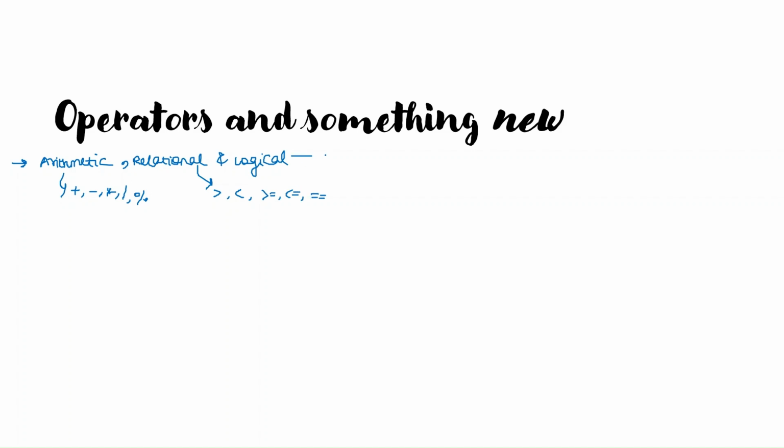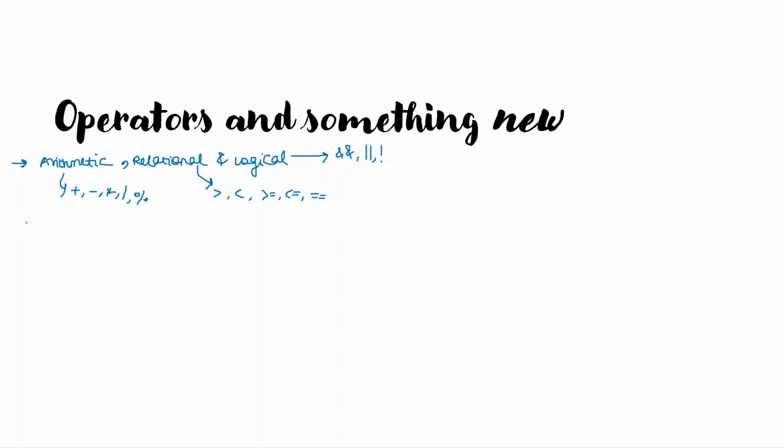And in the logical section, we have and, or, and not. So these are the operators that you'll need to get going in order to create your first Java program and make it a little bit mathematical.